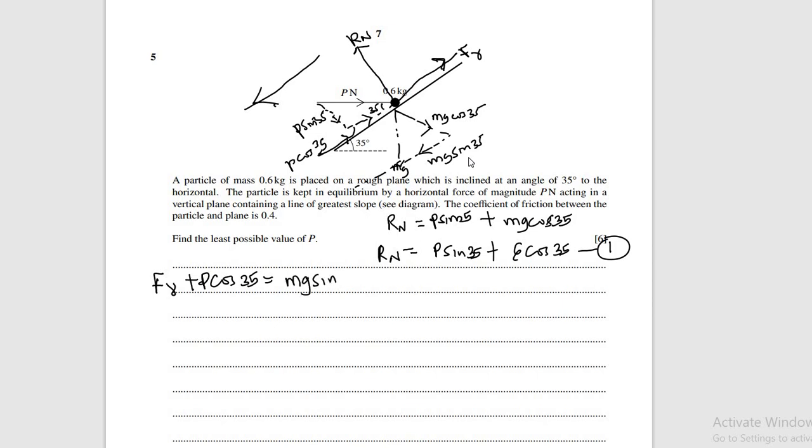That is how you resolve it. At the end of the day, frictional force will be mg sine 35 minus P cos 35. What's our mg? It is 6 sine 35 minus P cos 35, equation 2.